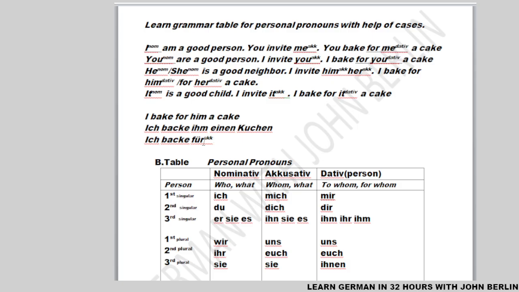So for is accusative. So accusative would be ihn. So I'll write here, ihn einen Kuchen. So this is more like an English translation. I bake for him a cake. So both of these sentences, ich backe ihm einen Kuchen or ich backe für ihn einen Kuchen, kind of mean the same thing. I bake for him a cake.